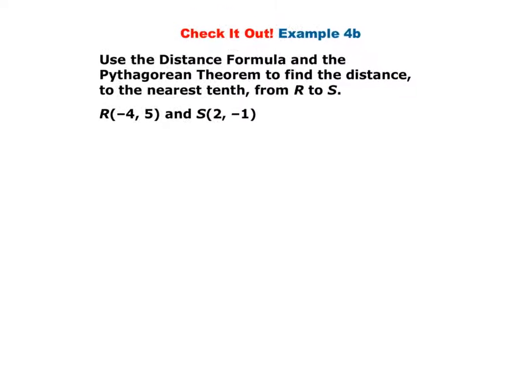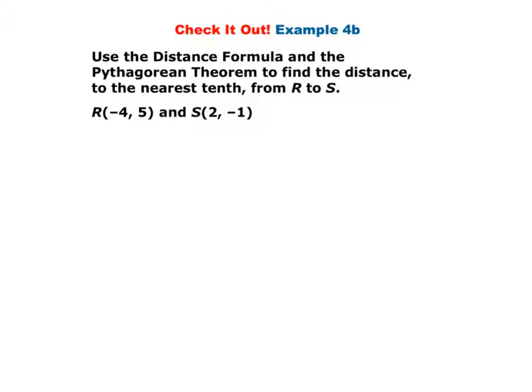Okay, last example. Use the distance formula and the Pythagorean theorem to find the distance to the nearest tenth. So let's draw it out. We have R is -4, 5, so we go to the left 4, and then up 5.